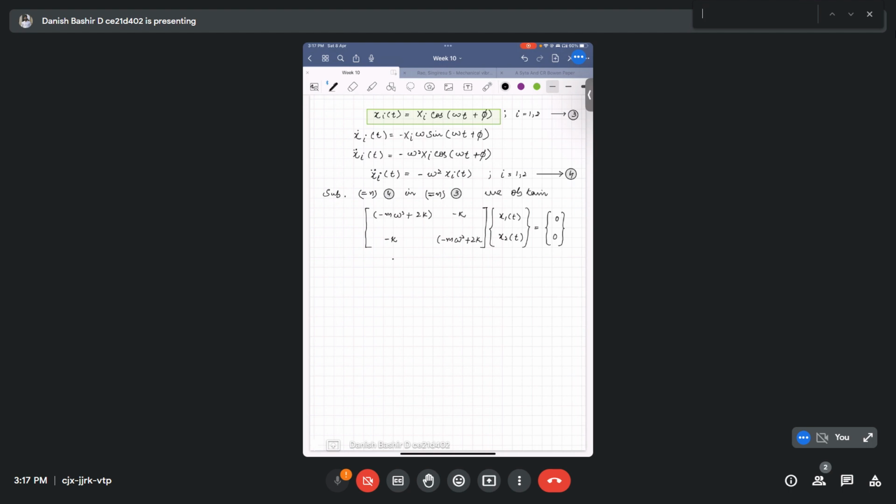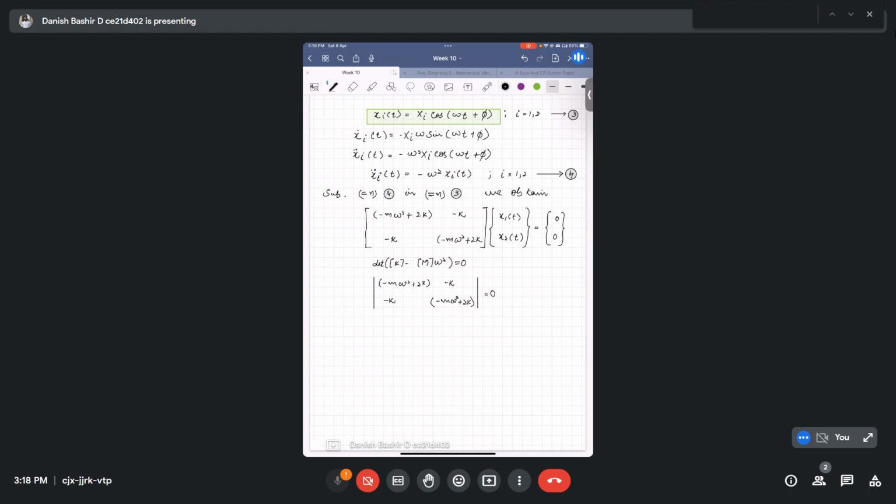We write the determinant of minus m omega square plus 2k, minus k, minus k, and minus m omega square plus 2k, which should be equal to 0.